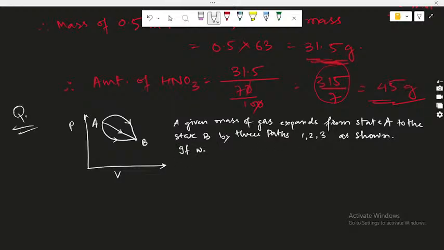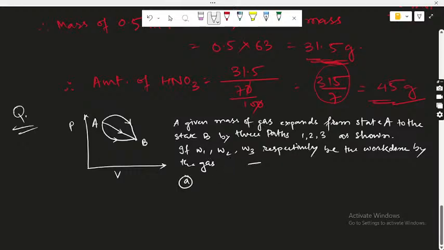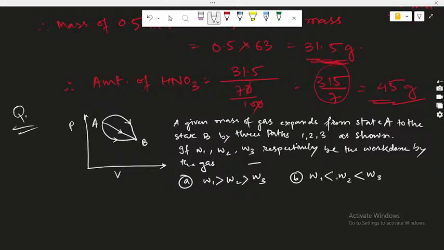If W1, W2, W3 respectively be the work done by the gas, then select: A, W1 greater than W2 greater than W3; B, W1 less than W2 less than W3; C, W1 equal to W2 equal to W3; D, W2 greater than W3 greater than W1. So this is the question.